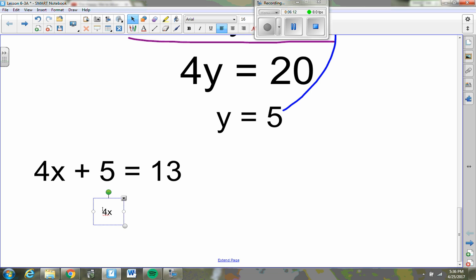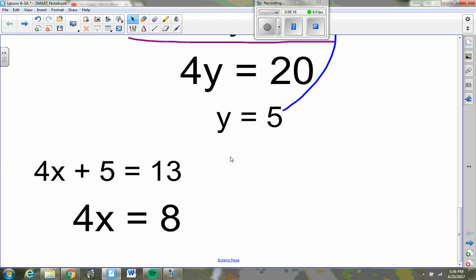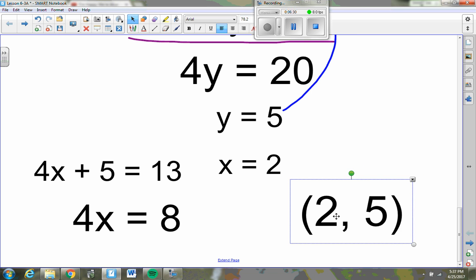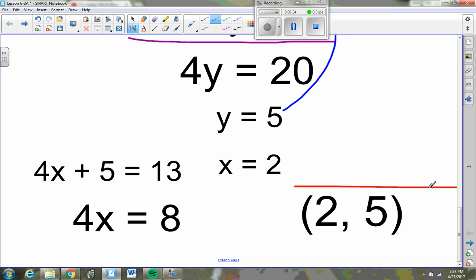It'll say 4x equals 8. If 4x equals 8, then that means x equals 2. And again, when I write my answer, my x number needs to come first, 2, 5. Okay, this is my final answer right here. 2, 5 is the solution to that system of equations.